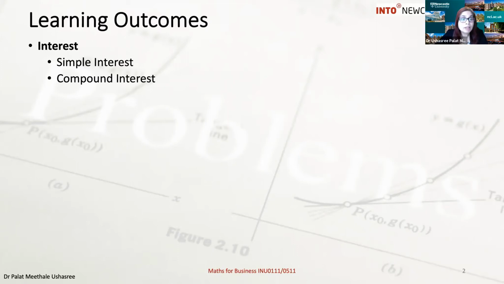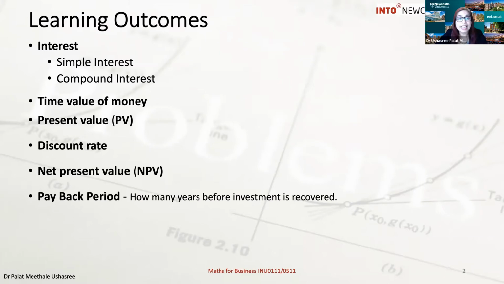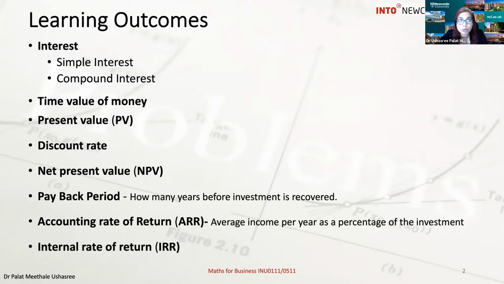And then we will look into the following terms, which you will come across very often when you make an investment and when you want to make decisions such as to accept or reject a project. That is, basically, you want to make a better decision to take a project for your company that promises you better return than you invested.